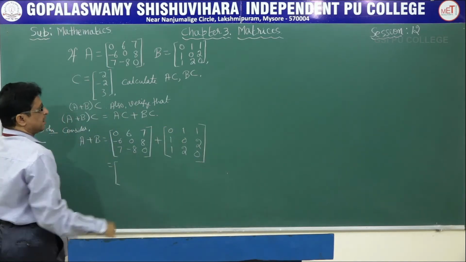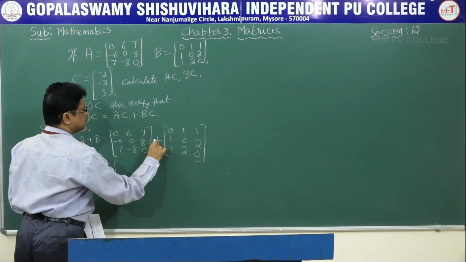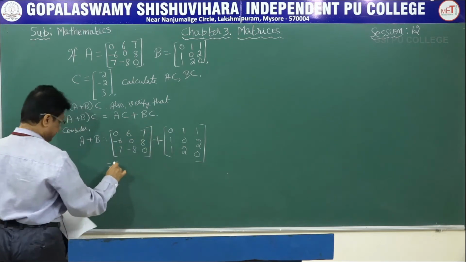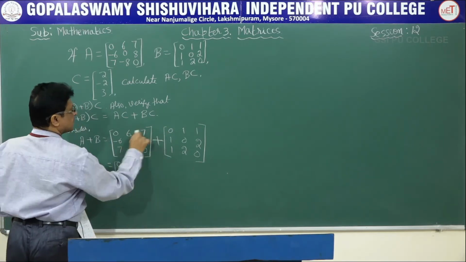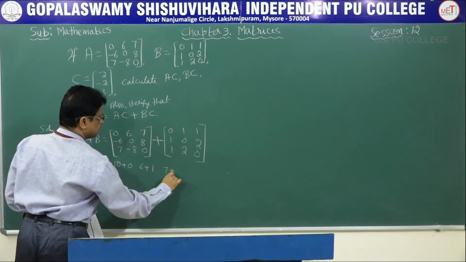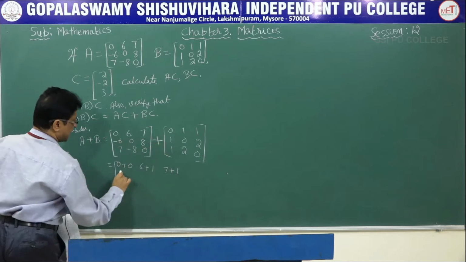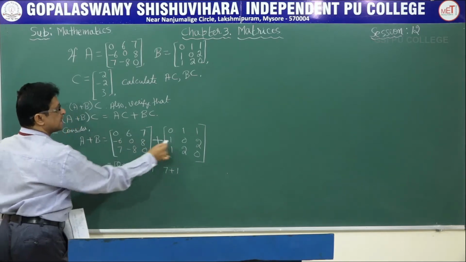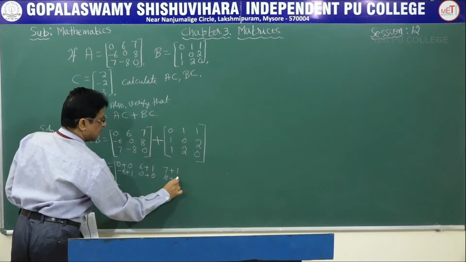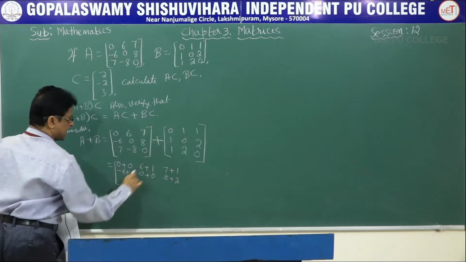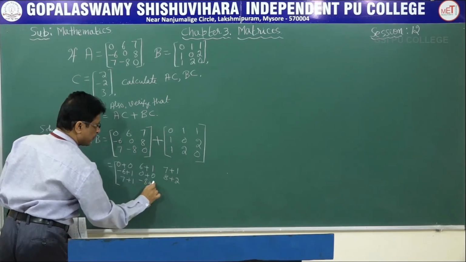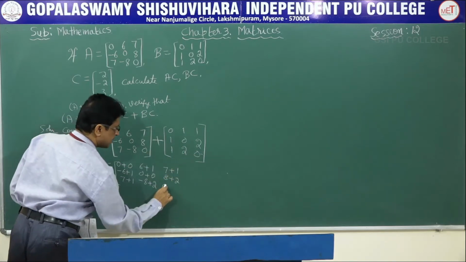So we add the corresponding elements. So 0 plus 0, 6 plus 1, 7 plus 1, minus 6 plus 1, 0 plus 0, 8 plus 2, 7 plus 1, minus 8 plus 2, 0 plus 0.